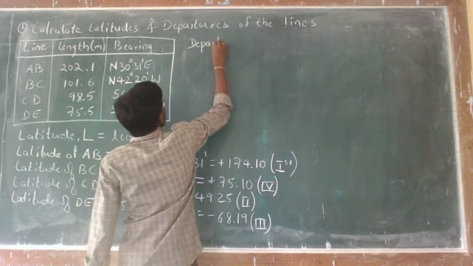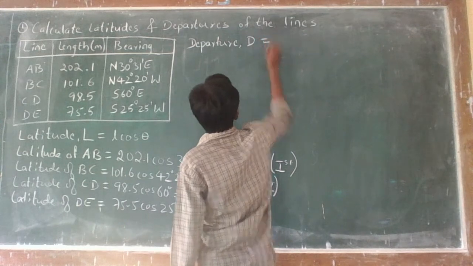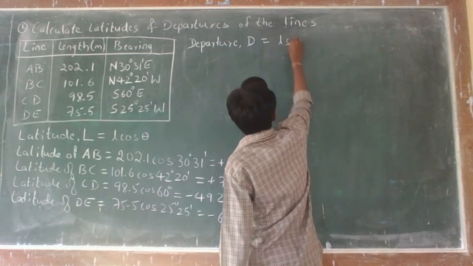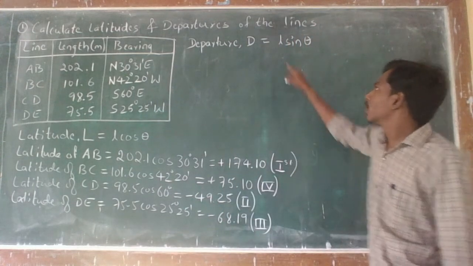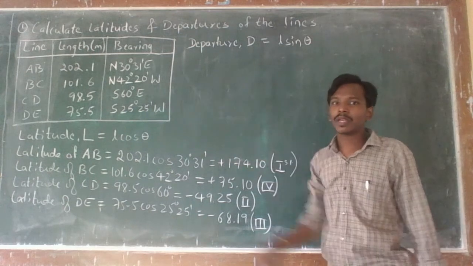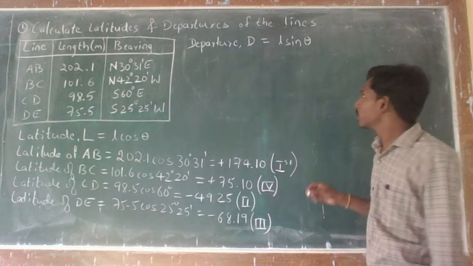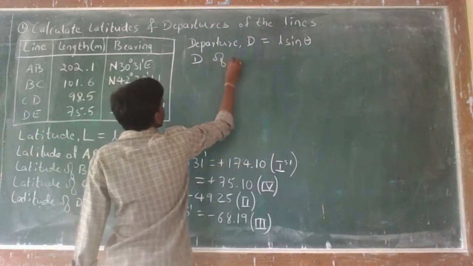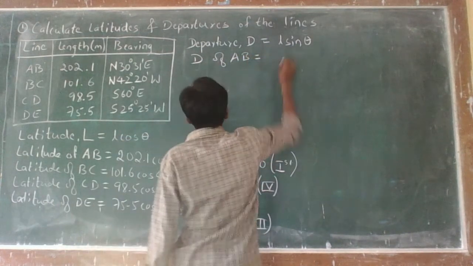So departure, which is denoted by capital D, is equal to l sin theta. Here again l denotes the length of the given line and theta denotes the given bearing of the survey. Now departure of AB is equal to l sin theta.